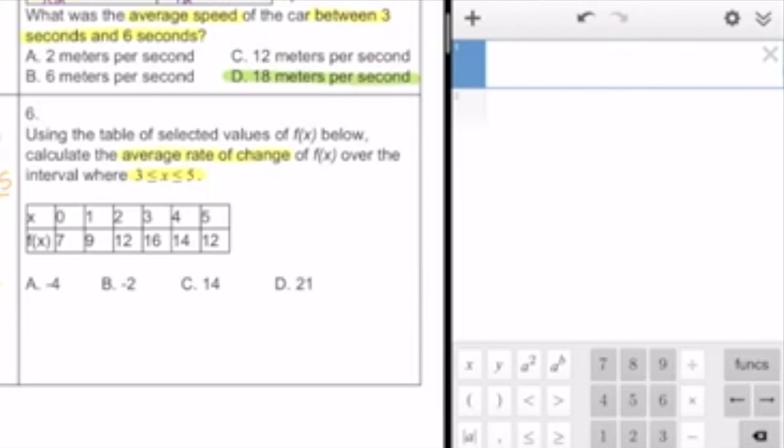So we're looking at 3, 16 and 5, 12. Notice where your x and y values are. Your x is on the top, and f of x is your y. So x is on top, y is on the bottom. So we're still trying to find the change in y over change in x.